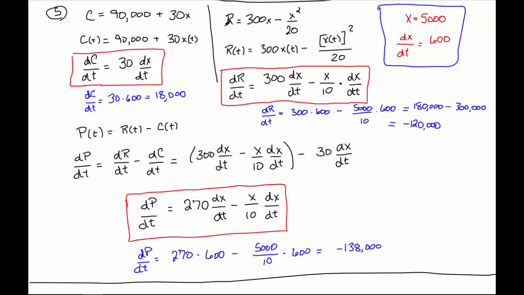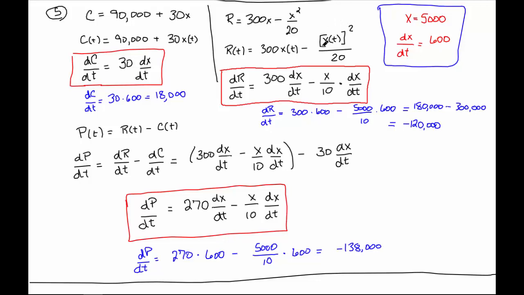All right, R they gave us looks like 300x minus x squared over 20. So writing it dependent on time, we see there's going to be a chain rule on the squared part. So dR/dt is 300 dx/dt minus, all right, the 2 comes down.